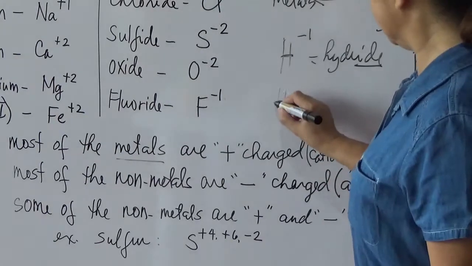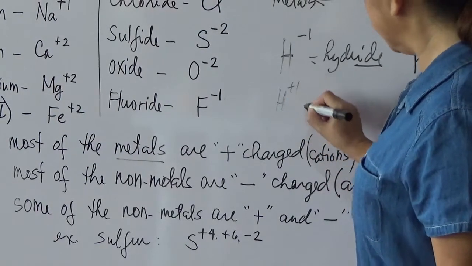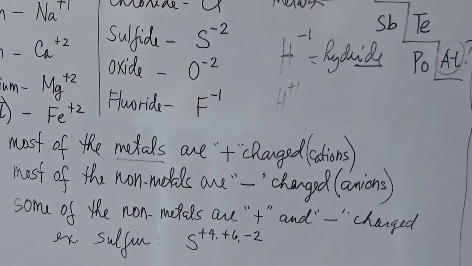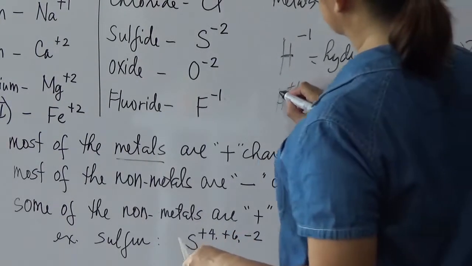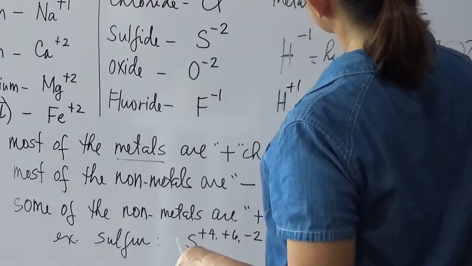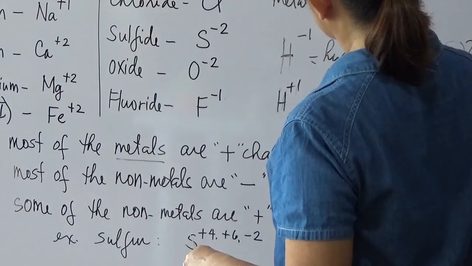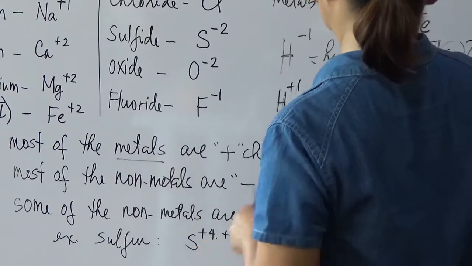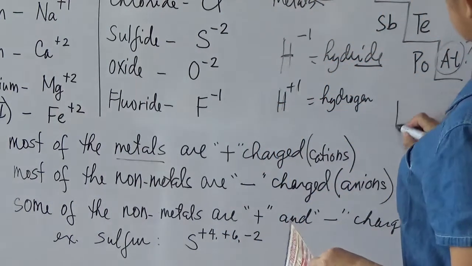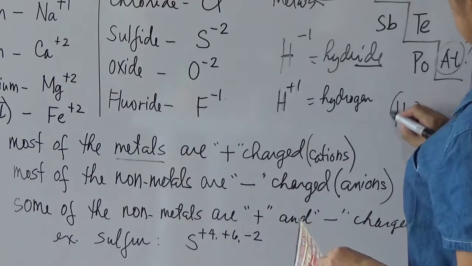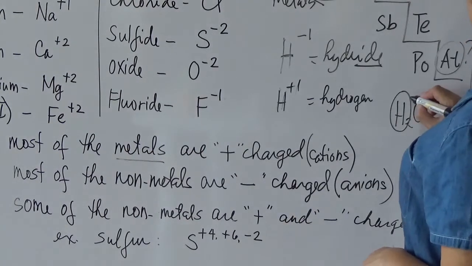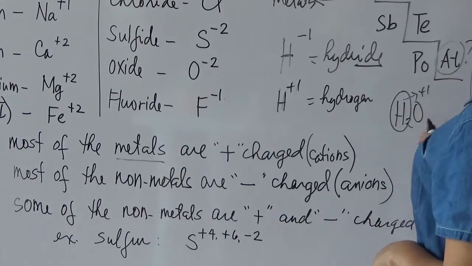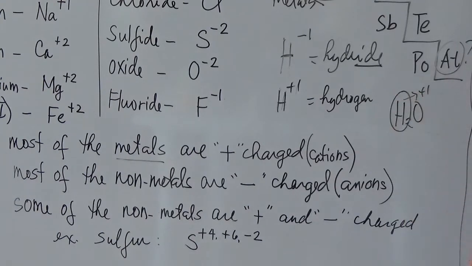If it is hydrogen +1, it is just named as hydrogen. Just like in the compound or molecule water, H2O, hydrogen here is +1. Okay? Oxygen is -2. Anyway, we are going to study how to write and name inorganic compounds.